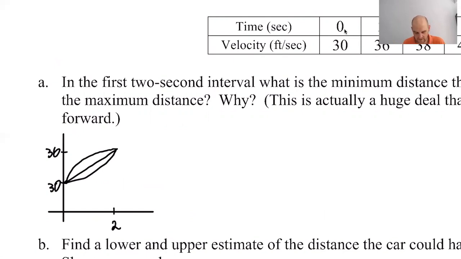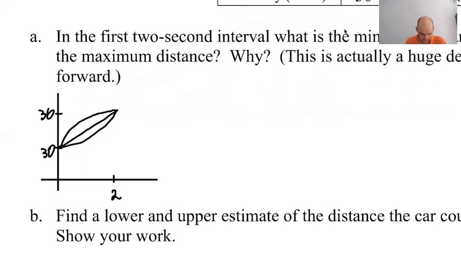But for all of them, if I make a left Riemann sum, where the interval is from 0 to 2, I take the left endpoint, I go up, I go over, I go down. So this is my left Riemann sum. That is clearly an underestimate. Why?